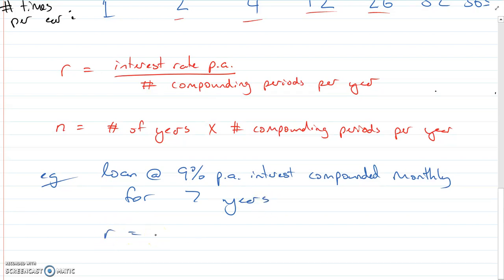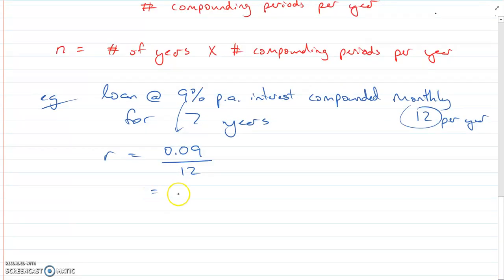R is going to be 0.09, that's the 9%, divided by 12, since compounded monthly means 12 per year, which gives me 0.0075.